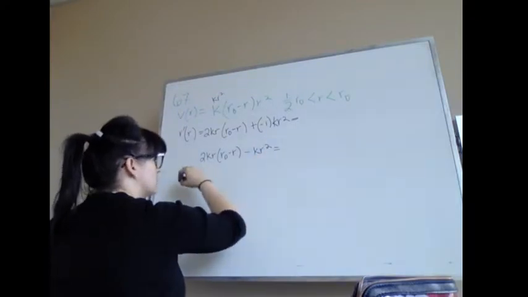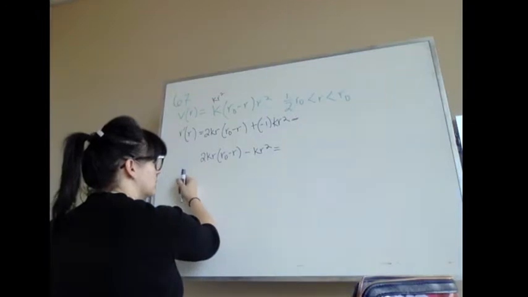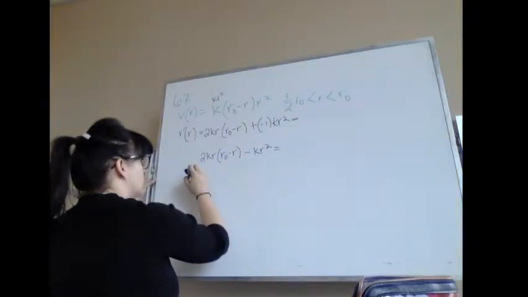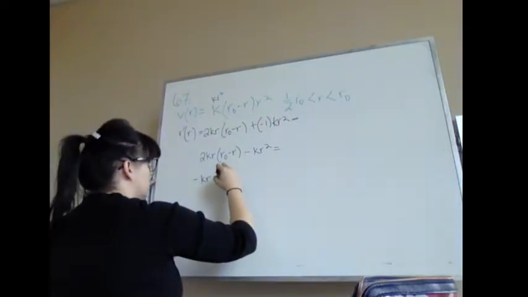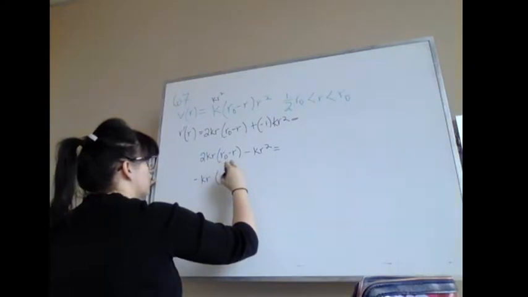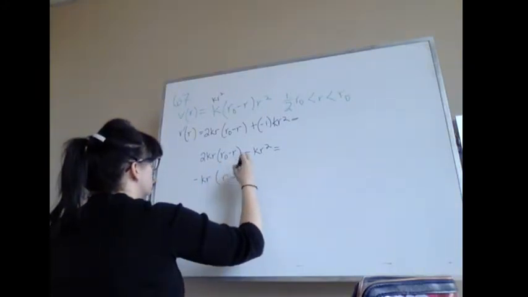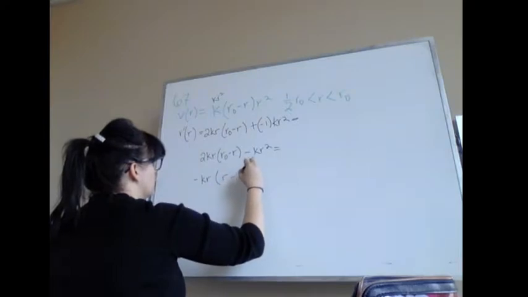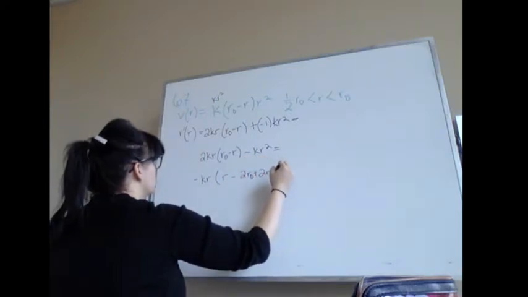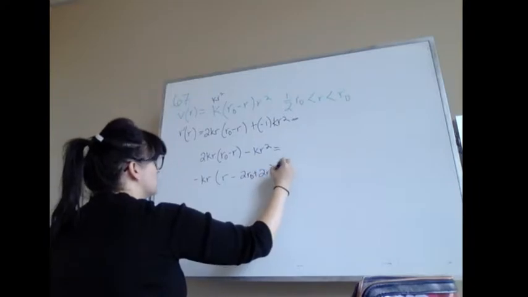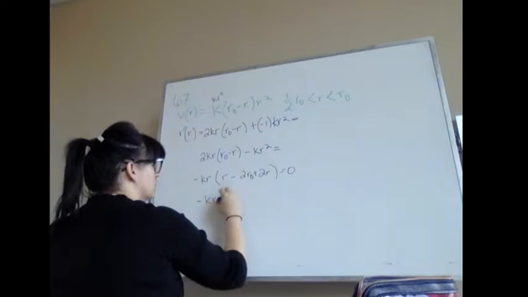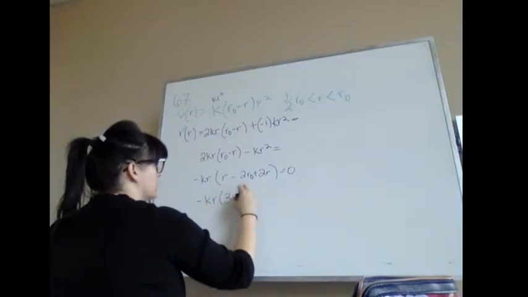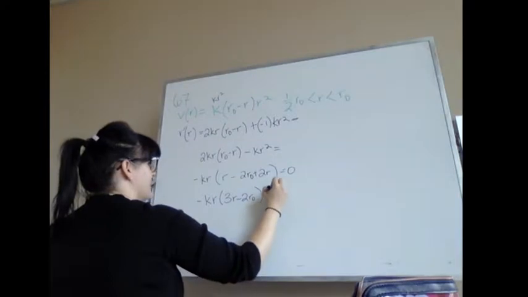I really just want to get to a critical number and then factor out negative kr, and that's going to be r minus 2r naught plus 2r equals 0, negative kr times (3r minus 2r naught). Oh, that's why it's 2/3. And the k did impact it.